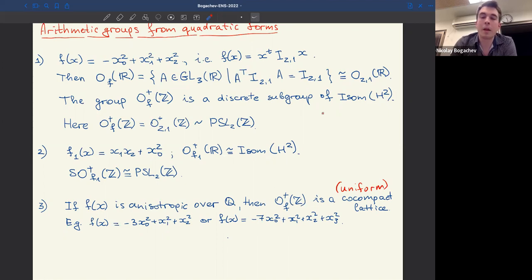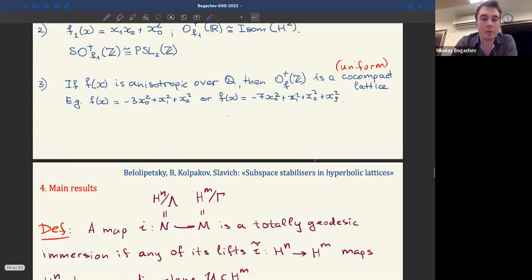And moreover, this quadratic form should also be admissible. So in fact, if the field is of degree greater than 1, then we will always have uniform lattices. So non-uniform lattices, it is a well-known statement that non-uniform lattices are always defined over Q, and actually they are of this simplest type. So they are known to be groups of units of quadratic forms over just the rational number field.